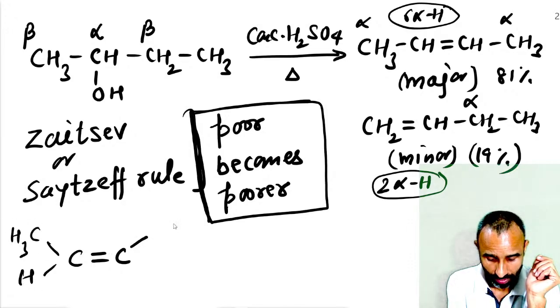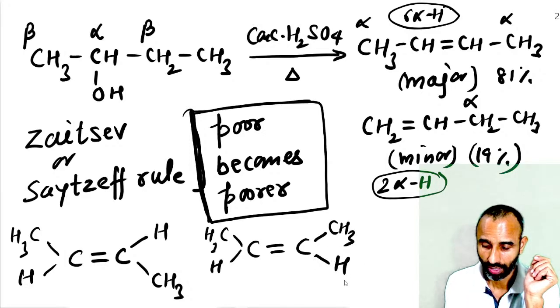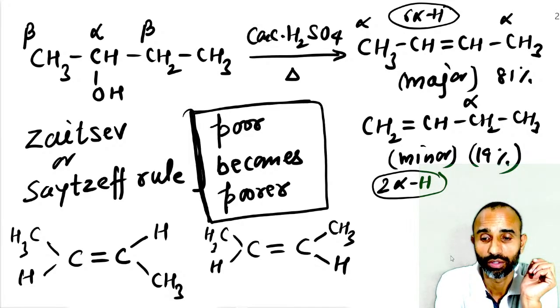So this is trans and cis and But-1-ene. So total 3 compounds are formed.